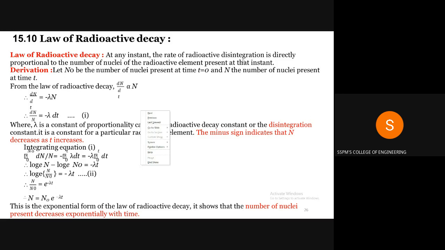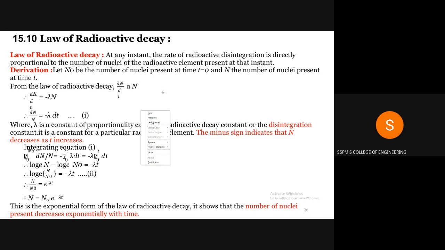The rate of radioactive disintegration, dN by dt, is proportional to the number of nuclei of the radioactive element present at that instant.